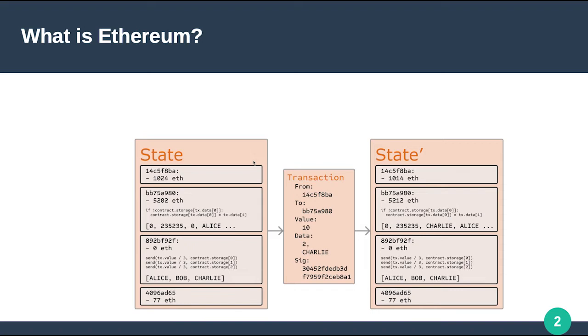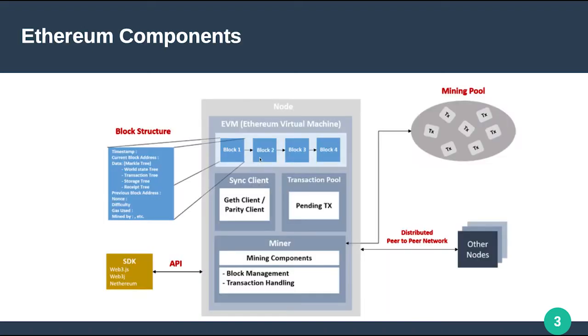This application code is basically called smart contracts. Smart contracts allow participants of a blockchain network to transact with each other without a trusted centralized authority. So we are trying to break it down by explaining its main components.